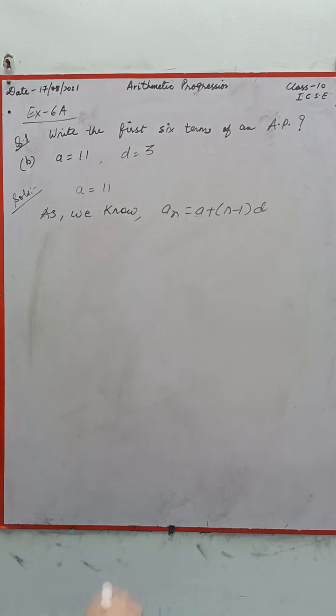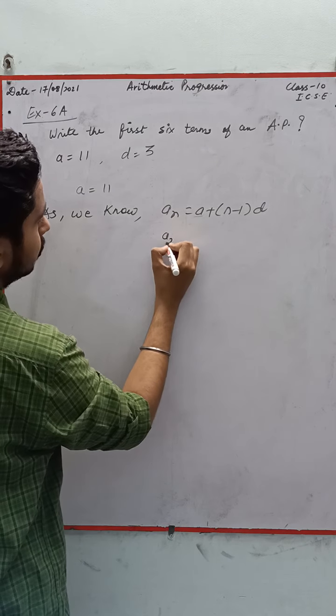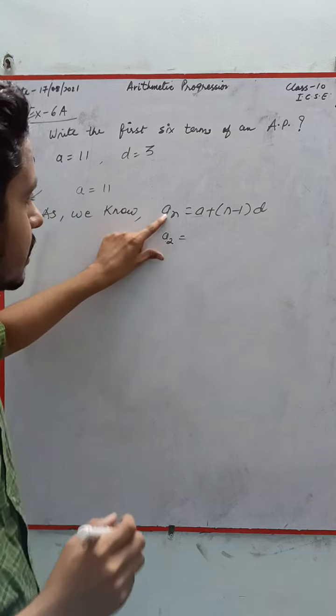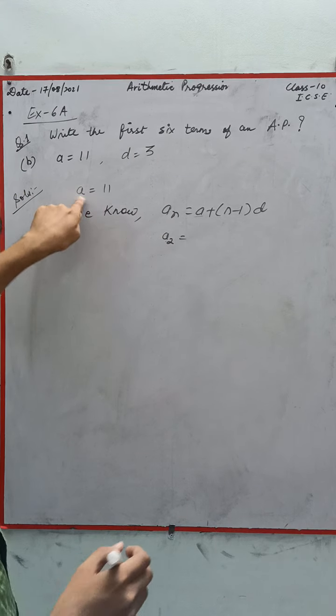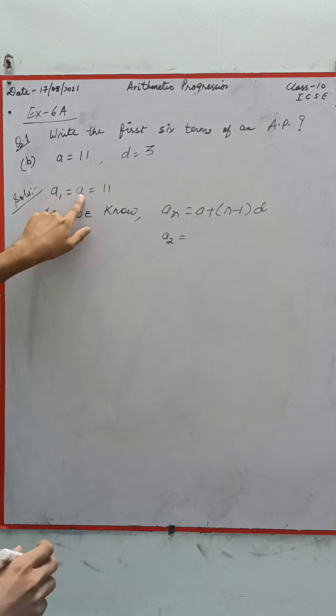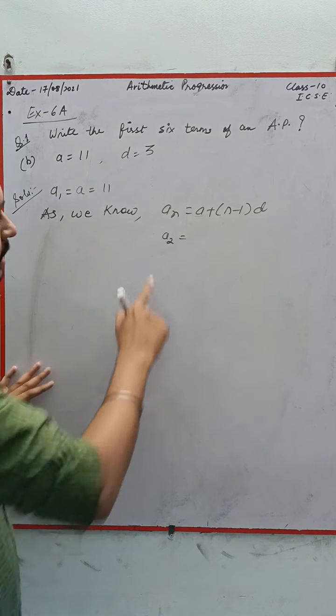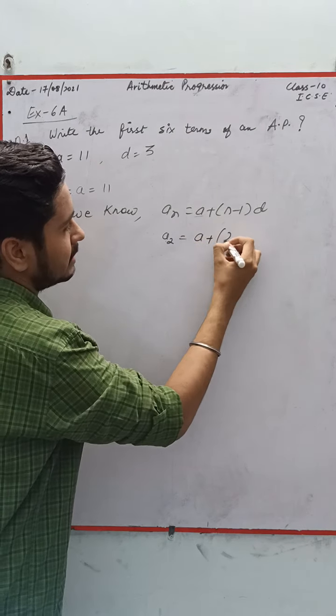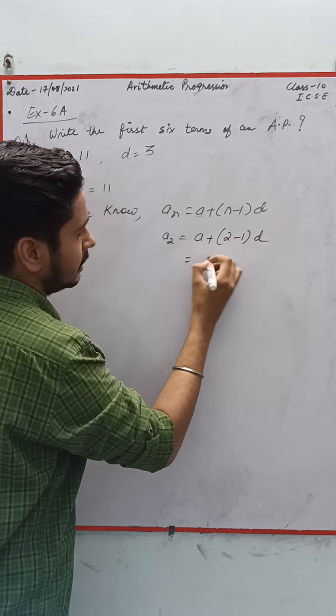So we need to find a2. a1, which is a, is 11, so the first term is 11. a2 is a plus (2 minus 1) into d.